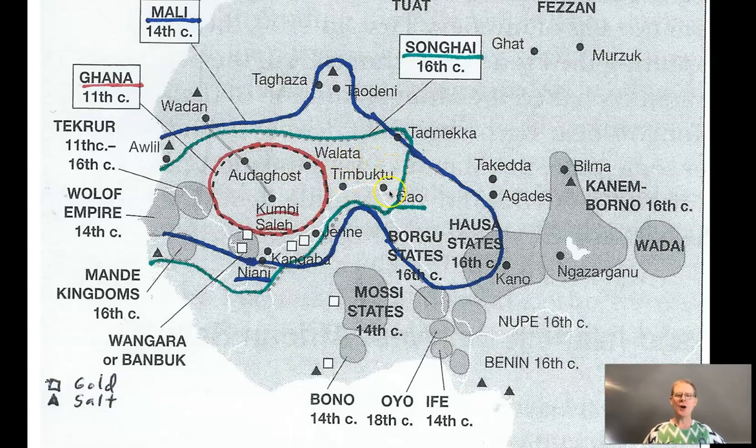And those are going to be the heartland of the Songhai people, which means when the trade route shifts over here, they're going to benefit from that. They're going to gain wealth, and that's going to allow them to form the state of Songhai. So we see environmental impact having an impact on the shift from Ghana to Mali.